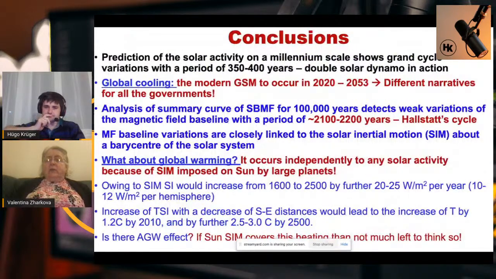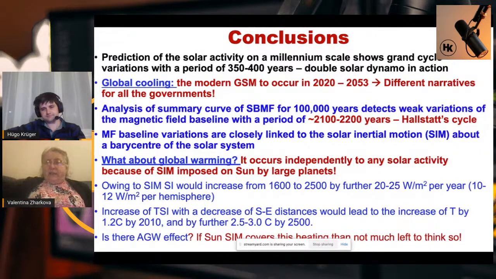And if the sun starts decreasing radiation and temperature starts decreasing, we have exact evidence that nothing comes from anthropogenic global warming. Everything comes from the sun. And when the sun moves back to the barycenter of the solar system, when the inertial motion stops in 2600, all the solar activity returns and it starts cooling off after 2600.